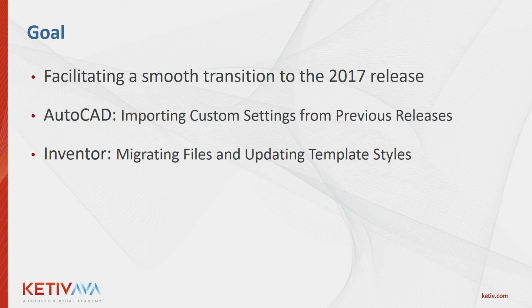And in Inventor, we want to be able to use all our IPTs and assemblies in 2017 without running into too many errors, as well as any custom materials, appearances, and styles in your templates or files. If you have any questions on those things, please type them in and we'll address them later. So, going straight into the demo, I'm going to switch over to my other screen.